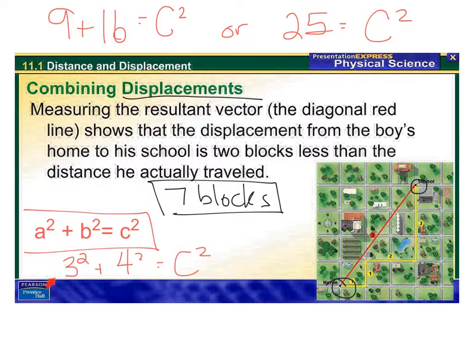When we do this math, we get 3 squared, or 9, plus 4 squared, or 16, equals C squared. When we add 9 plus 16, we get 25 equals C squared. However, in order to get rid of our C squared, we must take the square root of both sides. That will give us the square root of 25 is 5 equals C. We see this reflected here.